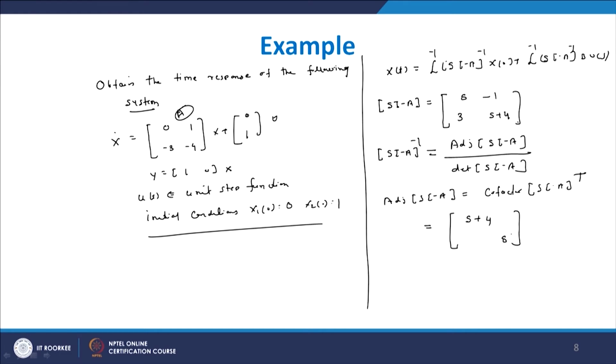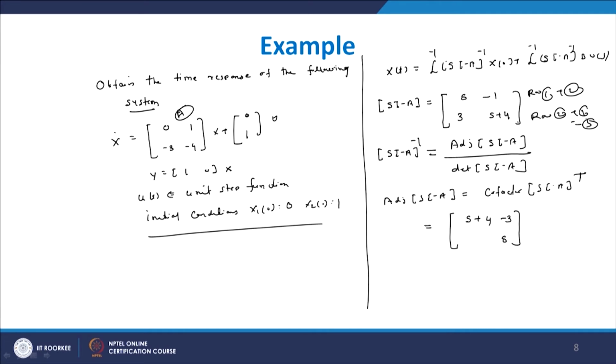Then for this minus 1 position, it is an odd term, first row and second column, so whatever element we get, we connect a minus sign.